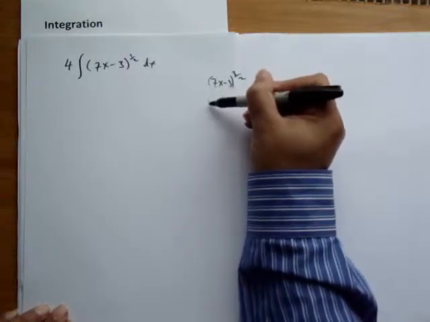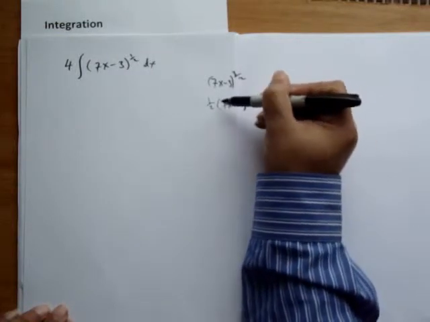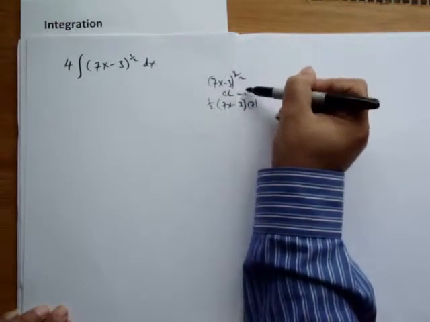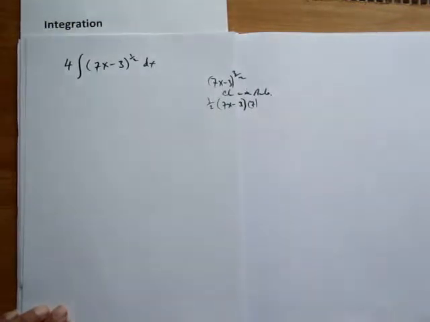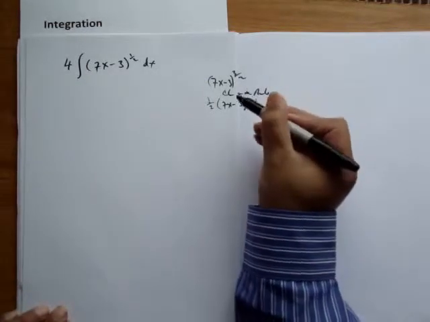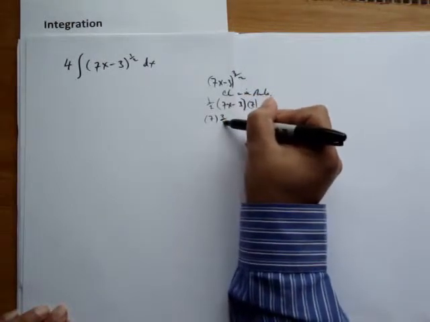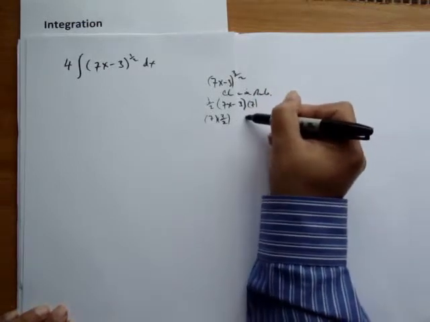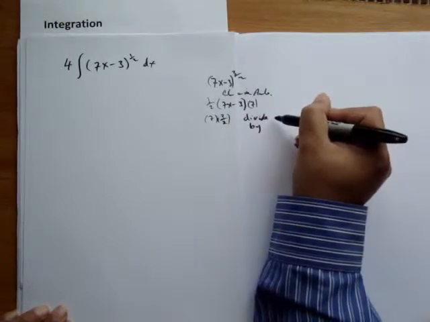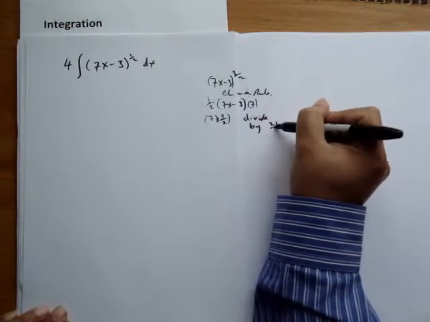Remember that the 3/2, when we differentiate, comes to this front, and then we multiply by 7 in the chain rule. Here we don't have anything, so we want to get rid of the 7 and the 3/2. So what do we do? We divide by 7 times 3/2, which is 21/2.